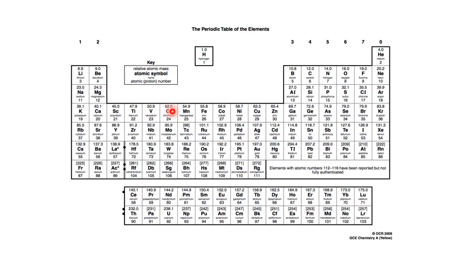However, there are unfortunately 2 of them which don't fit the trend. So if we look at chromium, which is here, it's the 4th one across, so the prediction would be that it should be 3d4, 4s2.